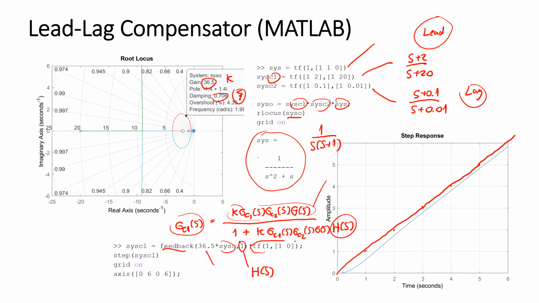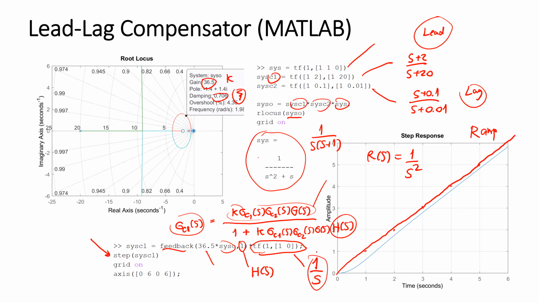Again, the meaning of this one: I multiply the closed loop transfer function by 1 per S because I am going to use a step command for the ramp response. The reference for the ramp is 1 per S square, so I multiply by 1 per S and then I use the step.